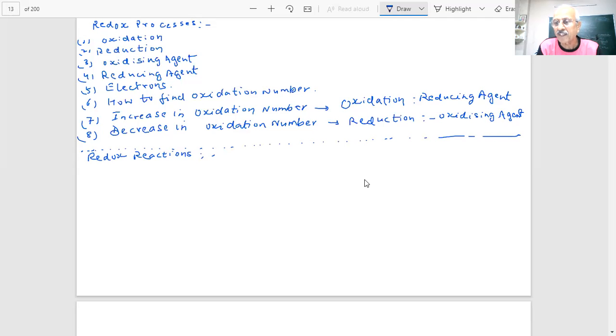There is a change in oxidation number. If there is no change in oxidation number, is it a redox reaction? What is the condition for a redox reaction? There should be change in oxidation number. Yes or no? Okay, there should be change in oxidation number, student.